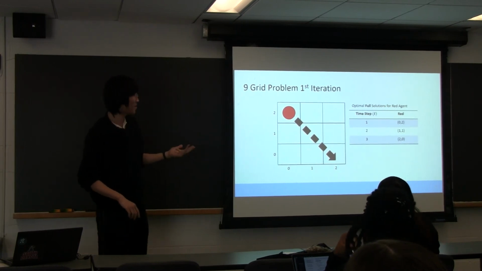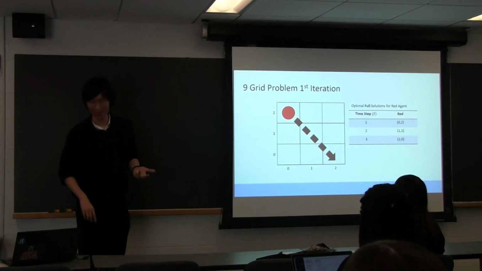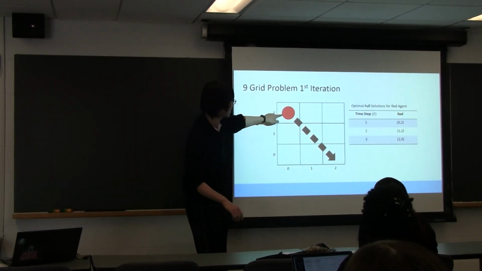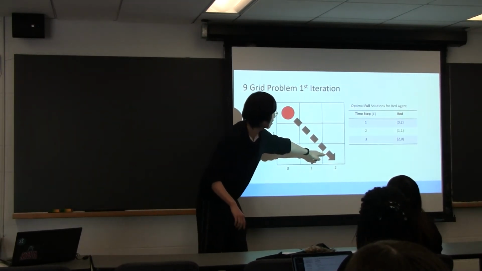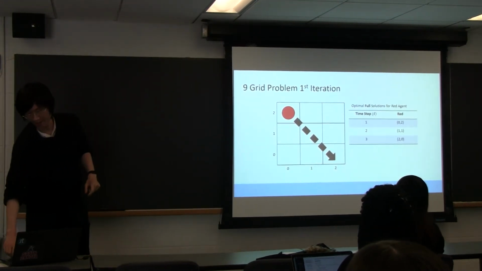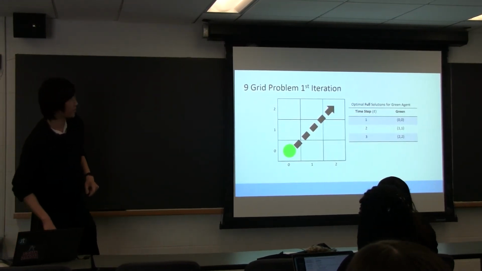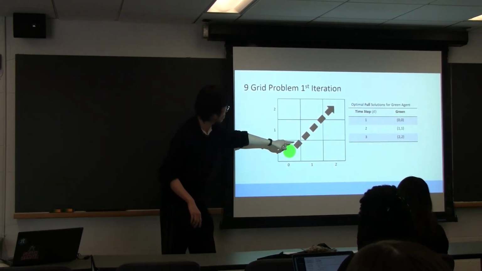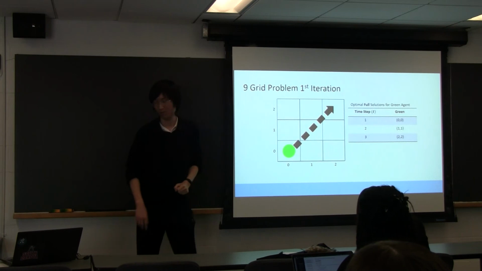Apparently it's going straight, so it goes from position 2,0 to 1,1 to 0,2. Similarly, if we solve the solution for the green agent, it goes straight as well, from 2,2 to 1,1 to 0,0.